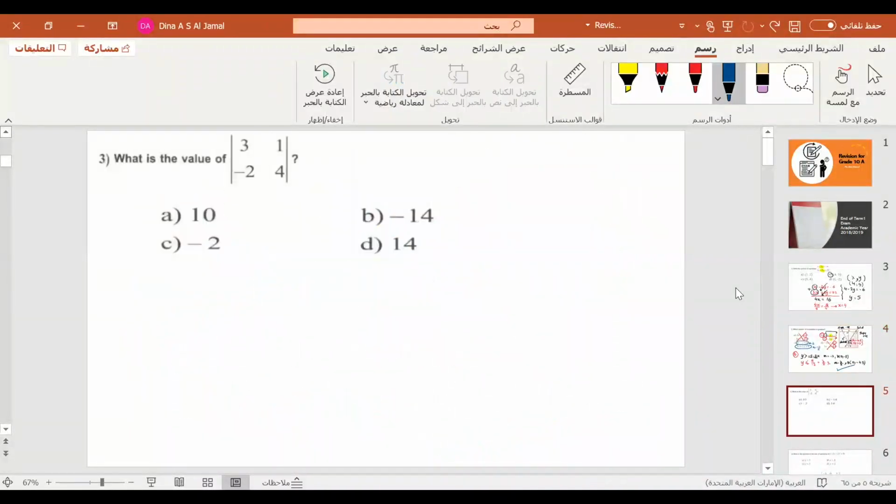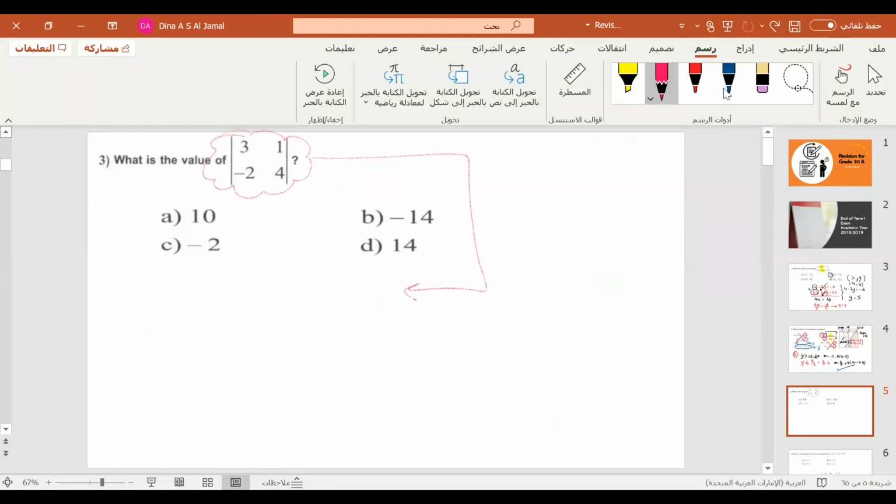Let's now go to the other question. What is the value of? Whenever you are given such a question, we know that it means to find the determinant.